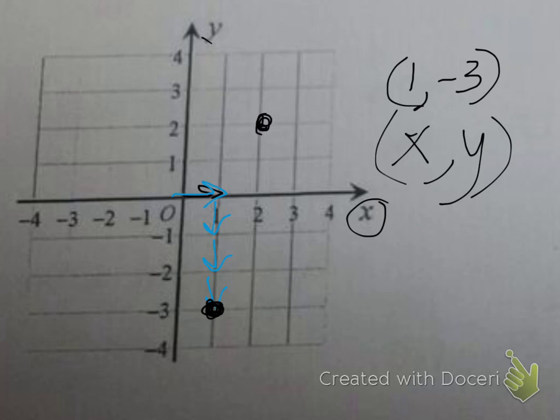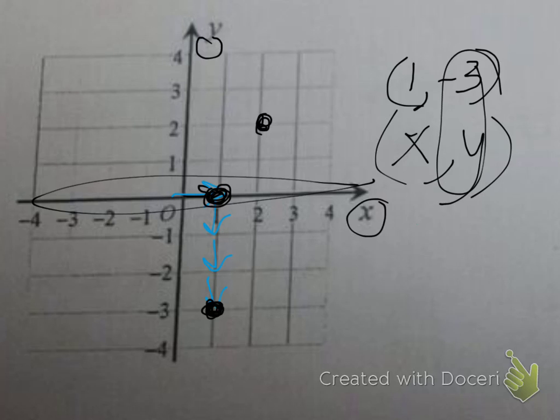So X is a 1, so that means on the X line right here, we're going to get the 1. And on the Y line, we're going to put a -3. And 1 and -3 are going to be right there.